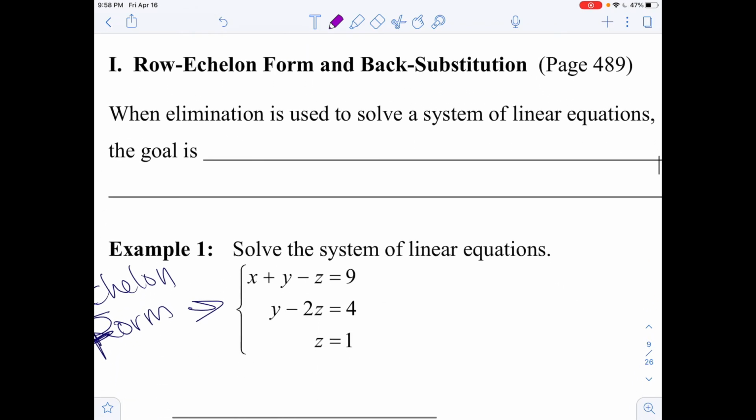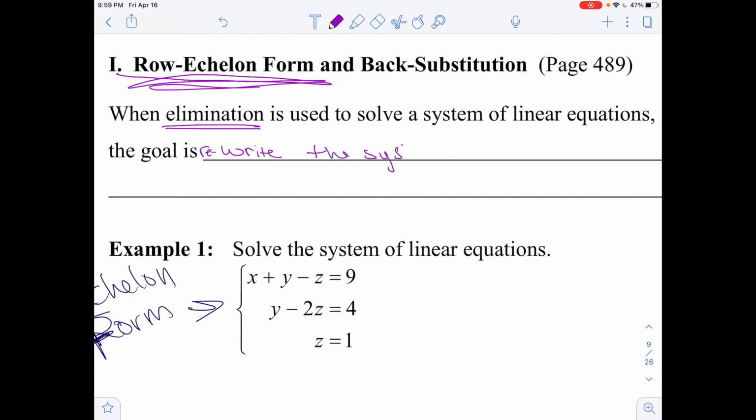So let's just start talking about row echelon form and back substitution. We've talked about back substitution before, but when elimination is used to solve a system of linear equations, the goal, and this is for row echelon form, is to rewrite the system in a form where back substitution can be used.